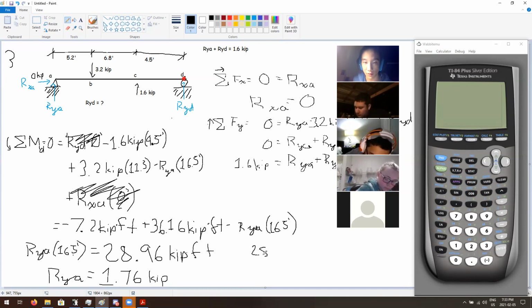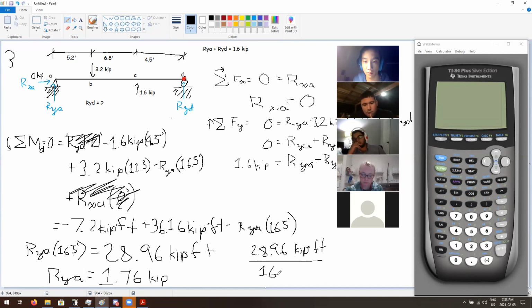So let's just visualize this: 28.96 kip times feet divided by 16.5 feet. The feet just cancel each other out. So we're just left with kip, and then the constant, 28.96 divided by 16.5, we get 1.76 kip for RYA.